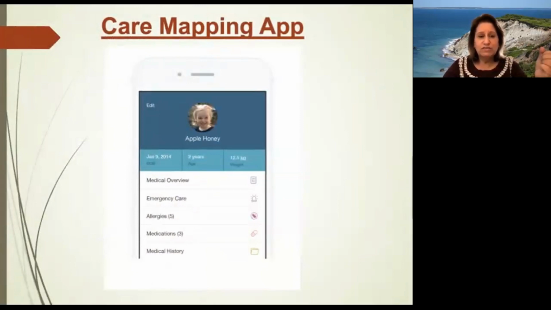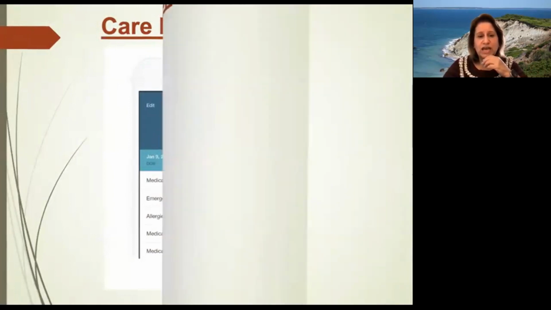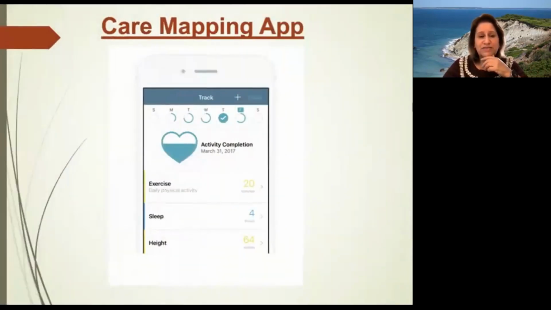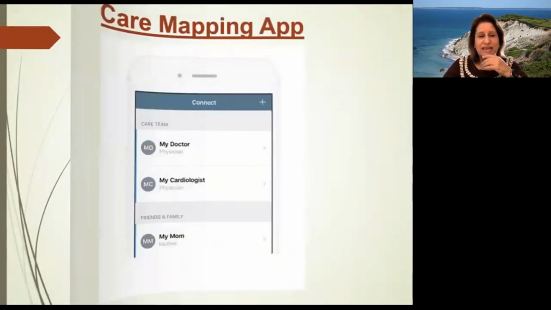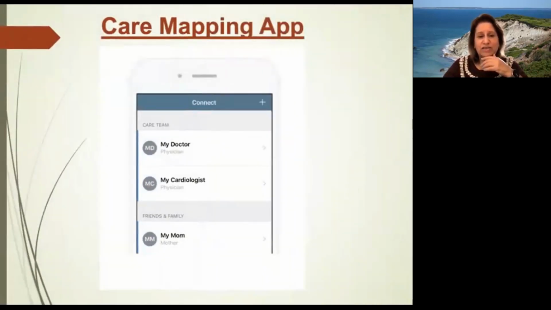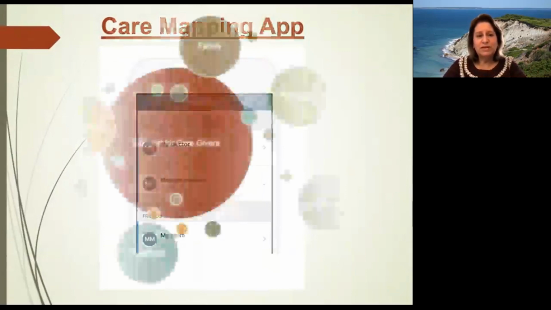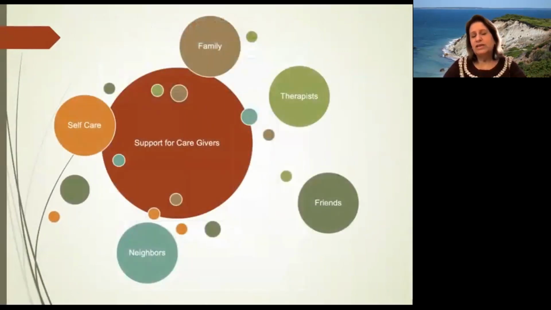You can put your child's name, date of birth, any information, whether they have allergies, medications, medical history, activities, sleep, height. It tracks all of these activities, and you can add your doctor, any specialty physicians you have, friends and family in your app. This is really, really important.